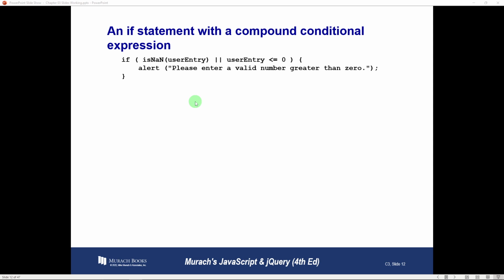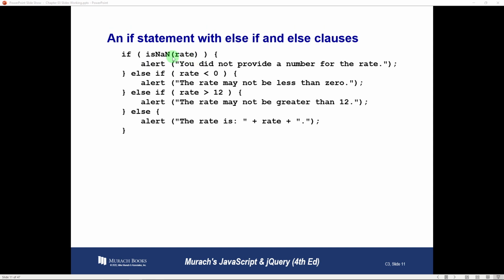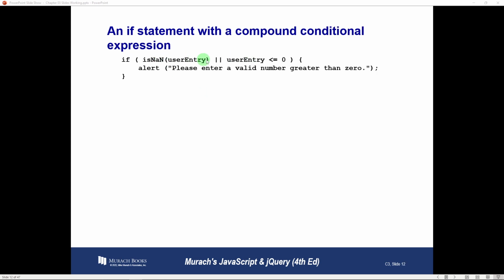Here's one using a compound conditional expression, meaning we're using one of those conjunctions. We're using the OR operator, the conditional operator. So we have two conditions. Up here we tested 1, 2, 3 different conditions. This one we're doing 2 different conditions, but this time we're using an operator.